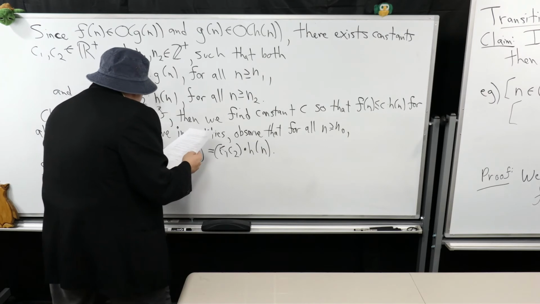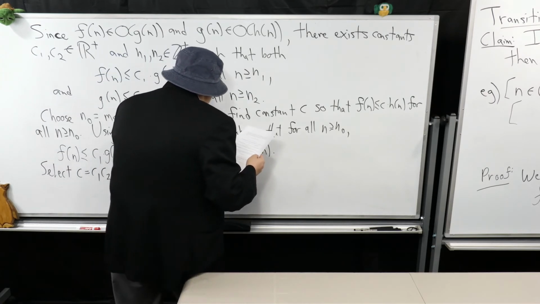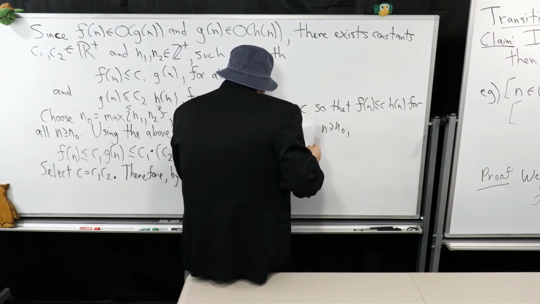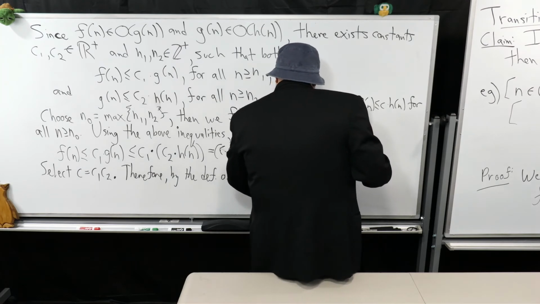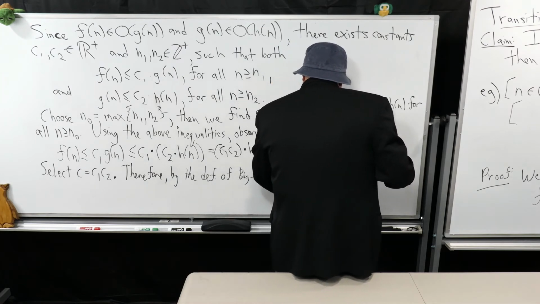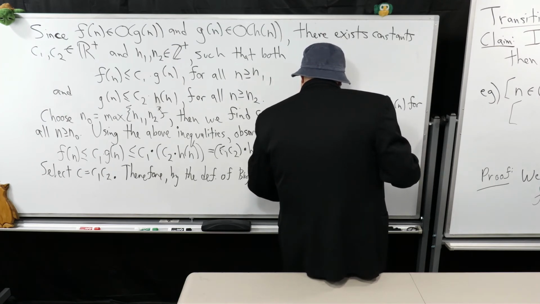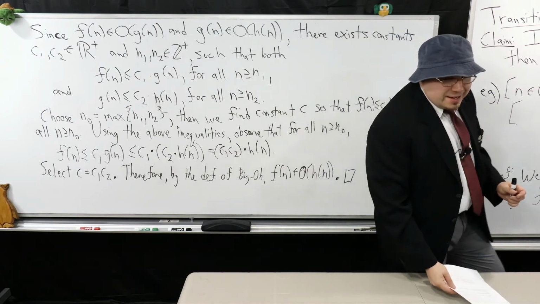Therefore, by the definition of big O, f is big O of h. And we're done. Piece of cake, right?